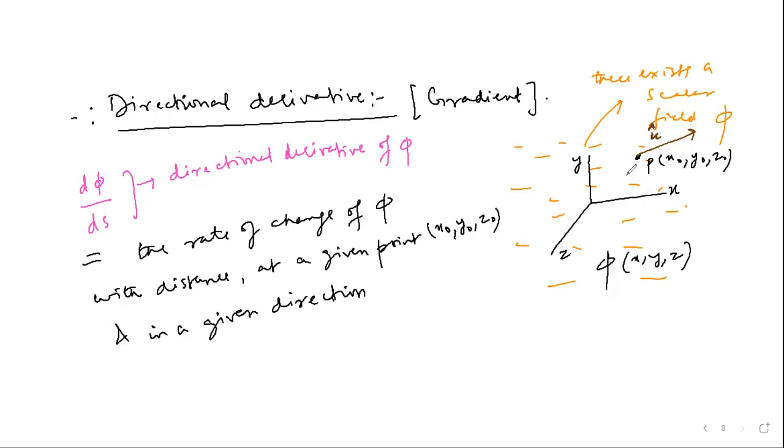Now I'm asked to find the directional derivative of this function phi, this scalar field phi, at point P along this direction. That means along the direction of this unit vector. Now how I get that? Directional derivative of this field is the dot product of two things.